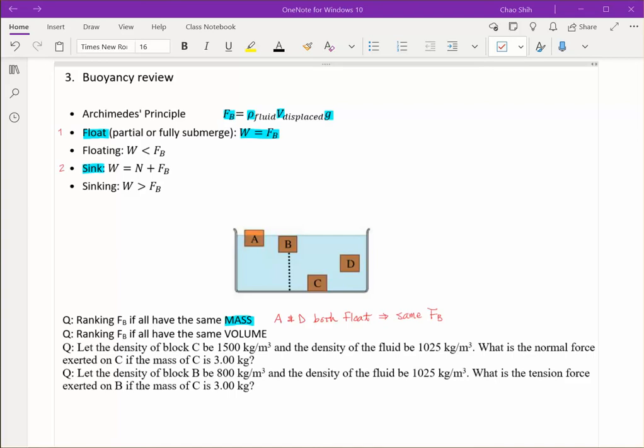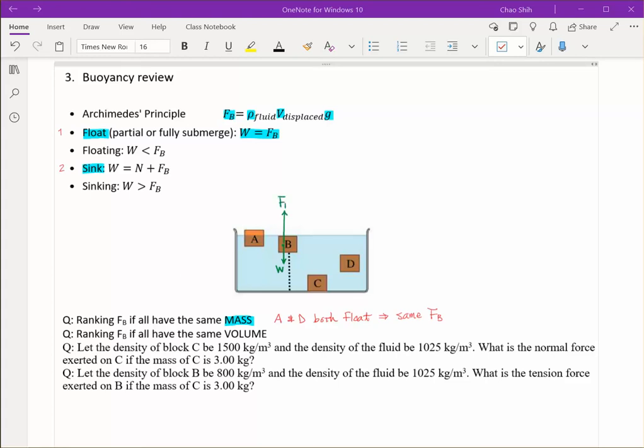For the box B, you have a weight, you have buoyancy force, they're always going upwards. Now this force is going to be larger than the weight. Why?